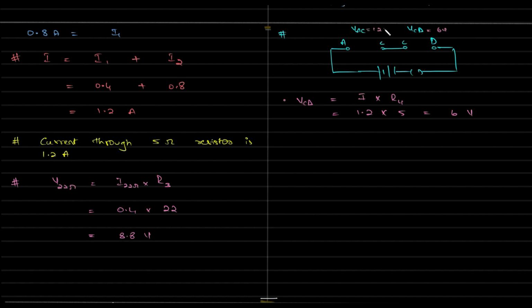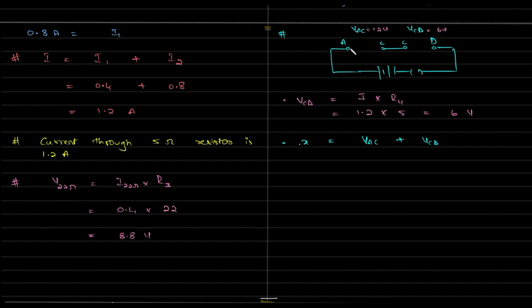This is 12 volt, right? So this is 6. This is 12. You can find X. X is equal to VAC plus VCD. This is the idea behind series connection.